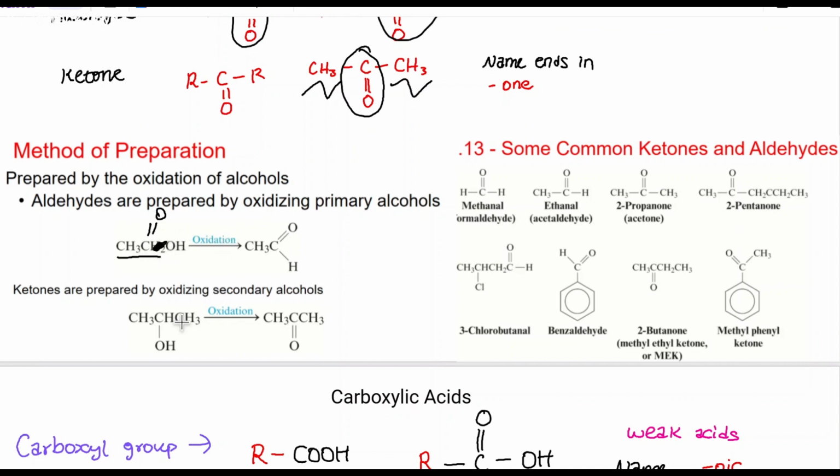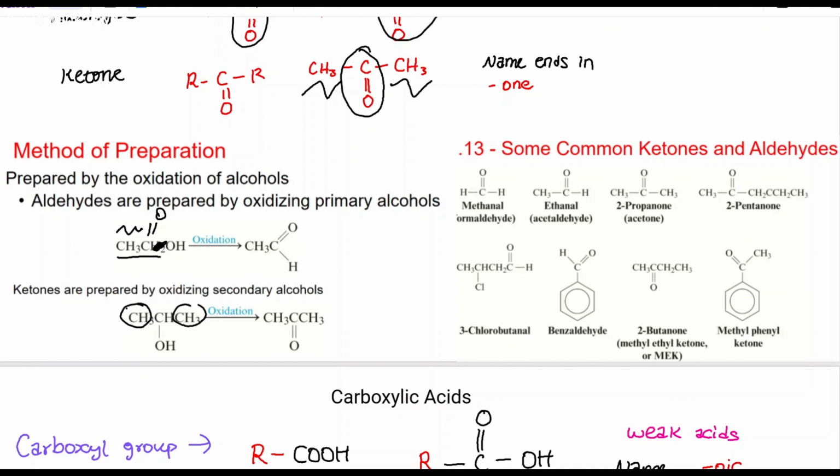And then remember, primary alcohol is one where only one group is attached to this and it has 2 H's, while secondary alcohol is one where the C is attached to these two other R groups.